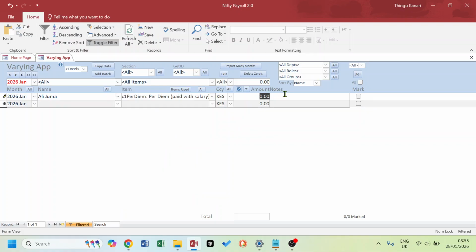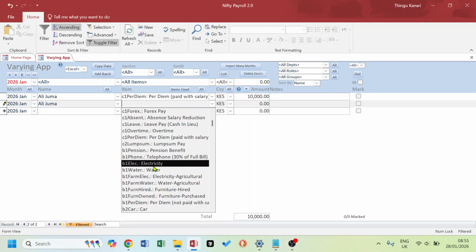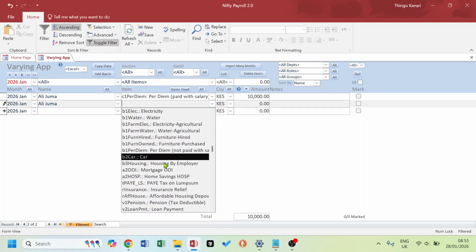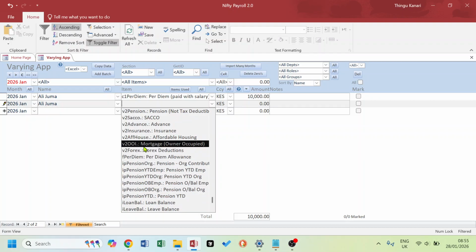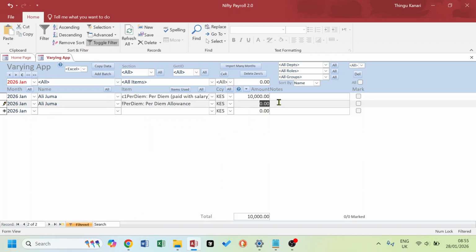Let's say the taxable portion is 10,000. I'll explain this just now. And let's say the non-taxable portion, let's say it's the bigger bit. Let's go down to free of tax here. Where is free of tax? F, Per Diem. Let's say it's 20,000.